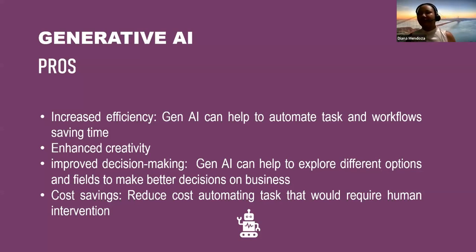Improved decision making is for me one of the best features that we can get from a Gen AI, because it has the ability to analyze data and provide potential outcomes. Then you can foresee different scenarios.